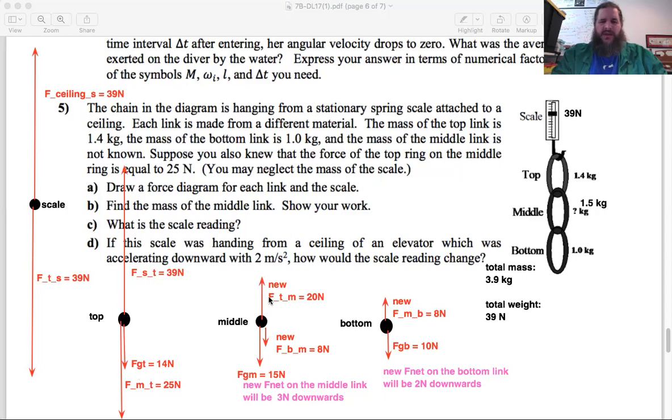And we should also modify the corresponding Newton's third law force, the third law pair. The new force from the middle link on the top link is 20 newtons. We need to modify that to match. So that has gotten weaker. And also, what should we expect the new net force on the top link to be?